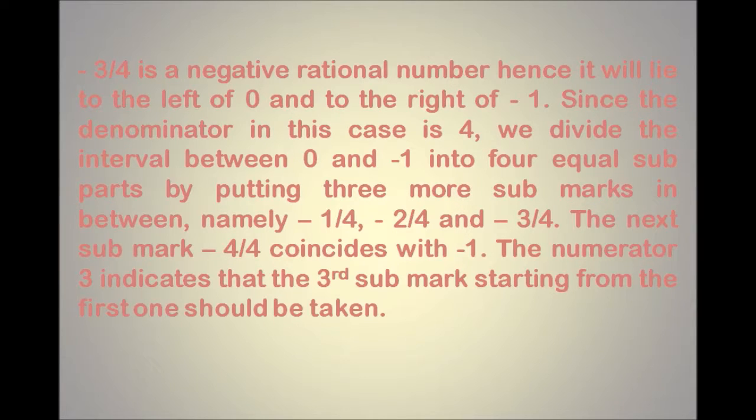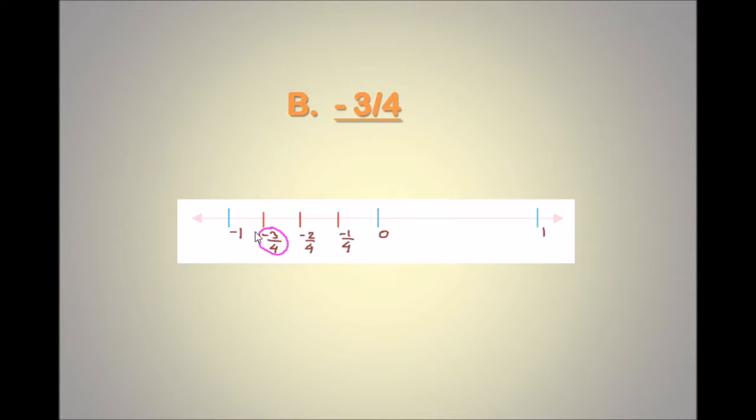So let us just go back to the number line part. See, this is the 0 mark and this is the -1 mark. So we have divided this entire interval into 4 equal sub-intervals because we are having the denominator of 4. And now coming to the numbering of these 3 submarks.